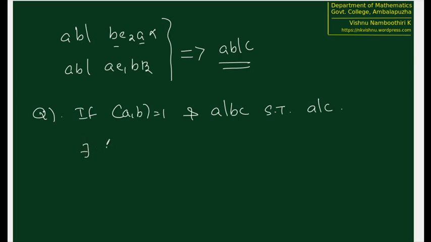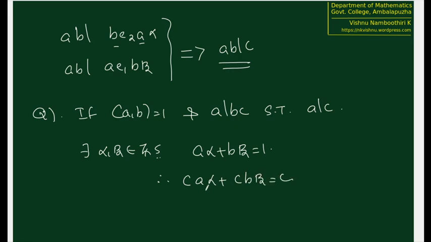Therefore, there exist integers alpha, beta such that A alpha plus B beta is 1. Now we need BC. So the best way to introduce BC here is to multiply this equation on both sides with C. Therefore, CA alpha plus CB beta equals C.